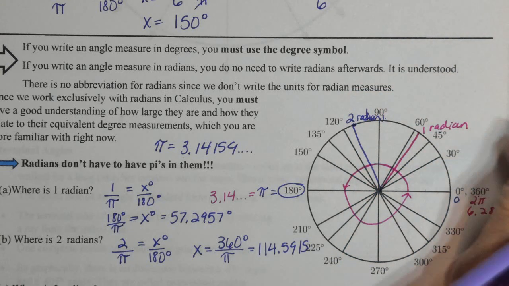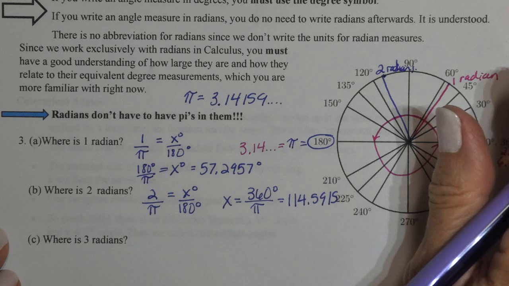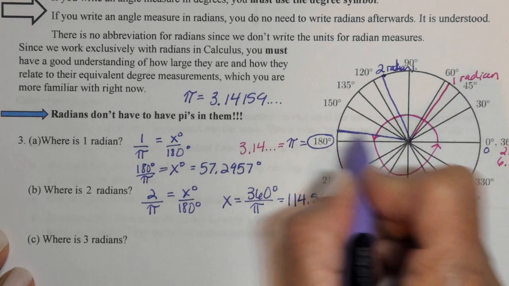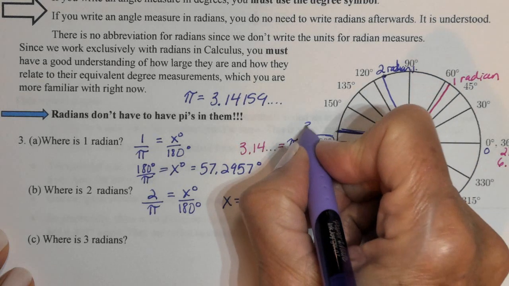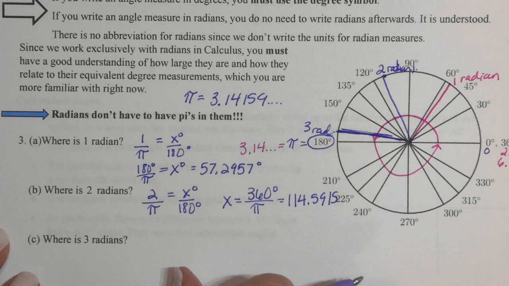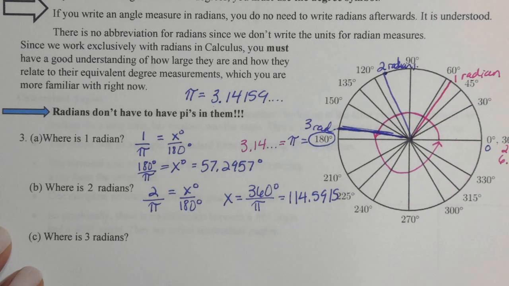Okay, so where would 3 radians be? Well, 3 radians would be a little less than 3.14159, yeah? So around there, 3 radians. And we could find out if we wanted to, but I think you get the idea. I need you to know where 1 radian is, where 2 radians is, and so forth. Where's 6 radians?